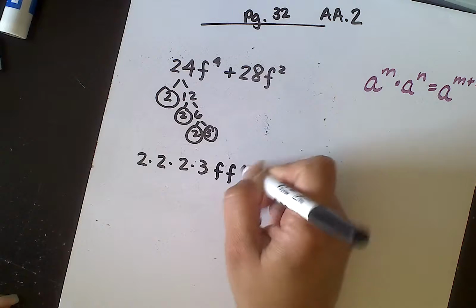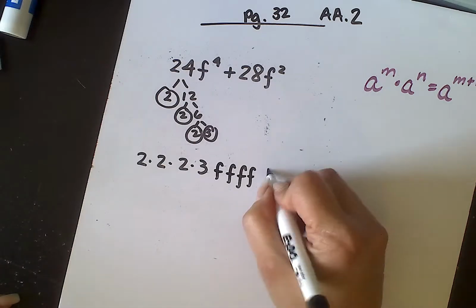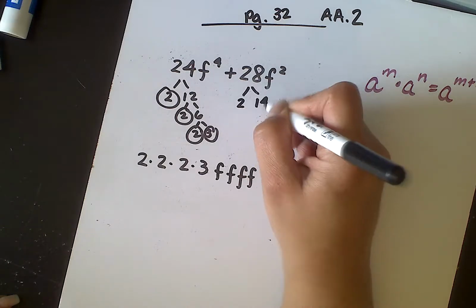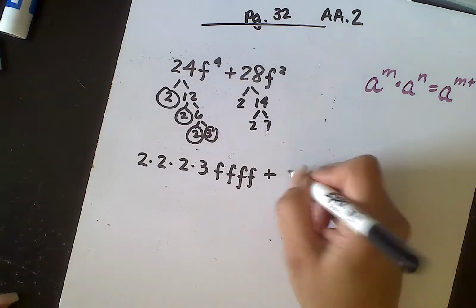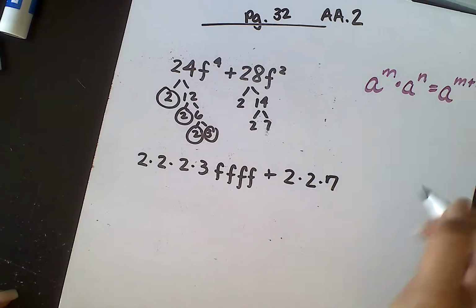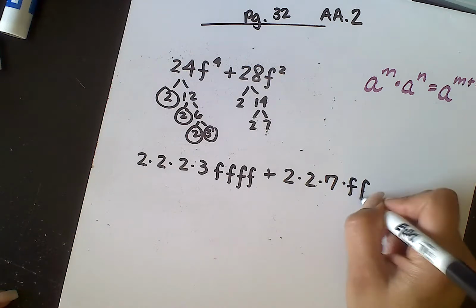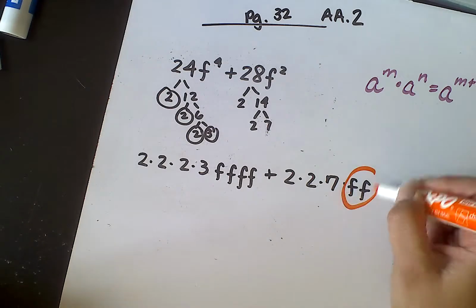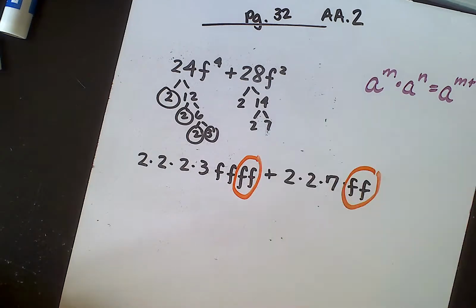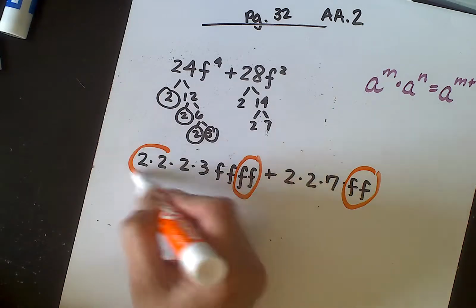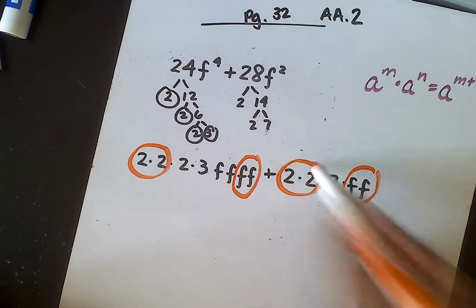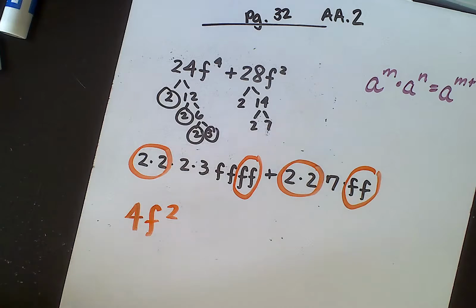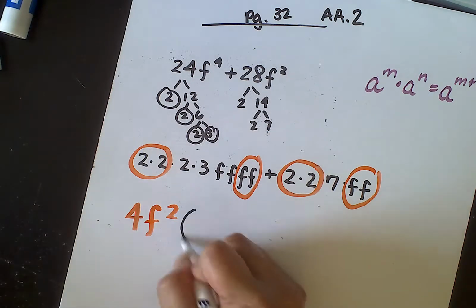And then 1, 2, 3, 4 f's plus, that should be 2 times 14, 2 times 7, 2 times 2 times 7 times f, right? Okay, so that means I have 2 f's in common. And I also have 2 2's in common. So that means 4f squared is my GCF.